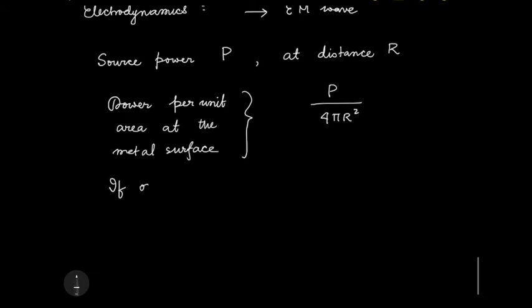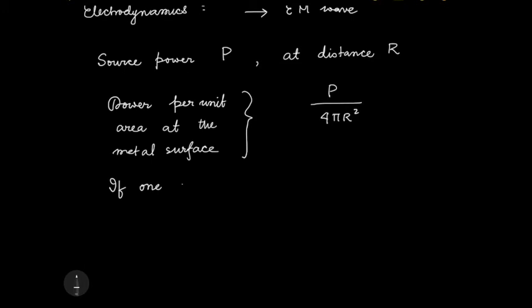Now if one metal atom, see, what is our idea of where the electron will come from? You have the atom, and in the atom there is an electron, say in the outermost orbit, and that electron will try to come out, right?